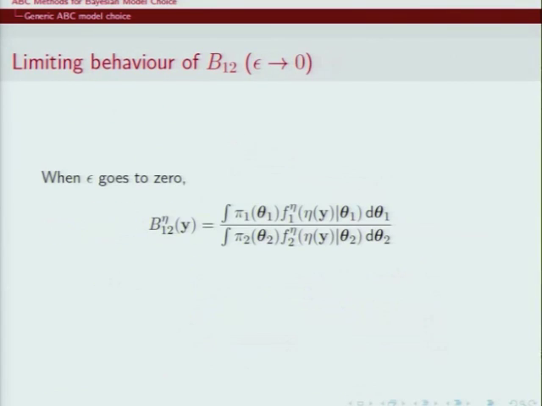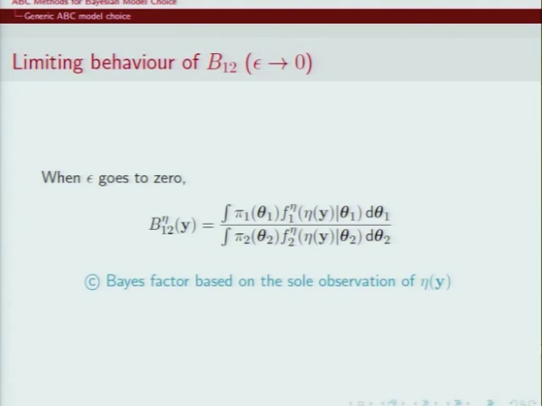Now, if I let epsilon go to 0, and I remove the approximation effect of ABC, I end up with something that is totally predictable, namely that by having infinite computing power, ABC produces a Bayes factor that is based only on the summary statistics. So if I have a summary statistic eta, the best I can do is to look at the Bayes factor based solely on eta of y.